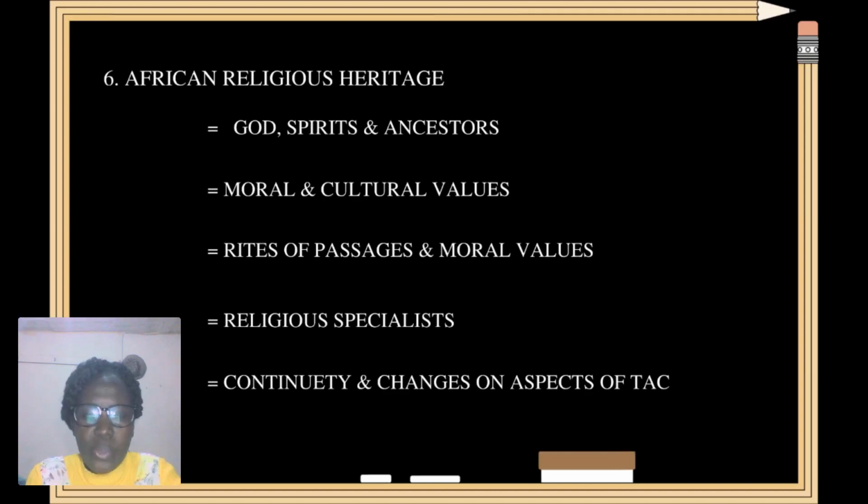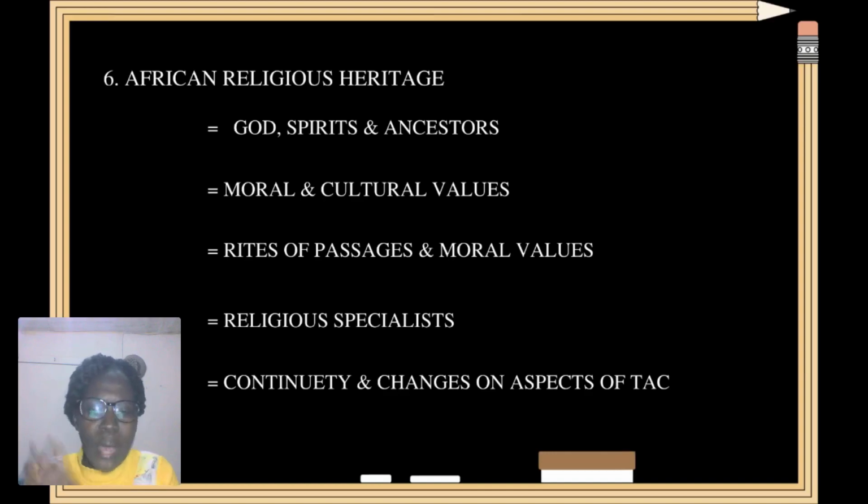The last thing that we deal with in the Form 1 work is the continuity and the changes on aspects of traditional African communities. Are there things that we have read in history from the ancient days among the Africans that we still practice today? If they are there, we will be tackling an aspect of continuity.